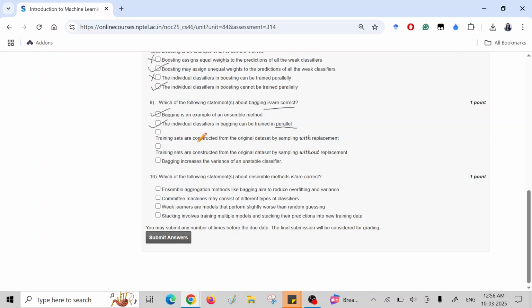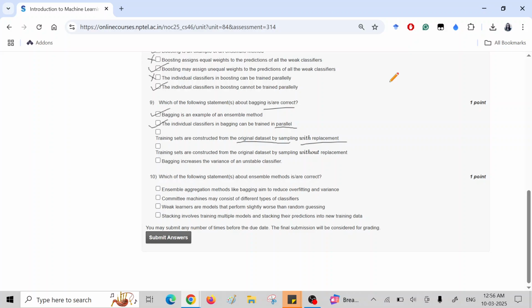Training sets are constructed from the original dataset by sampling with replacement. Yes, that is what I was telling. Training sets for a bagging technique are constructed from the original dataset by sampling with replacement.